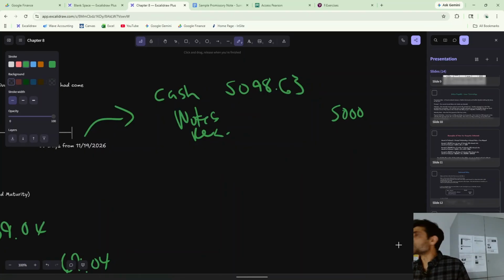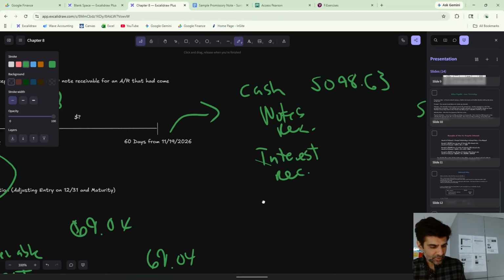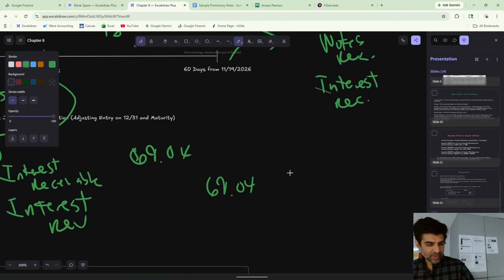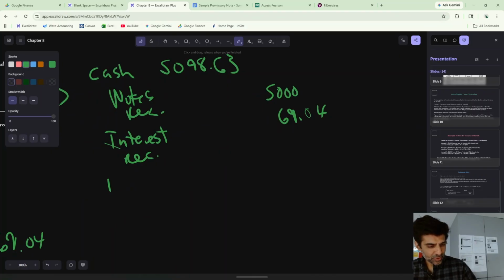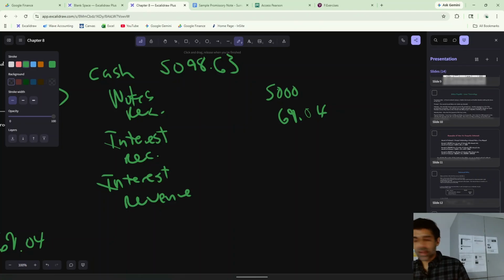Now it's the little tricky thing, because we have that interest receivable from the adjusting entry. We see that this interest receivable was $69.04. And then the interest revenue for those 18 days of the next year: some of this $98 is of course revenue for the next year.